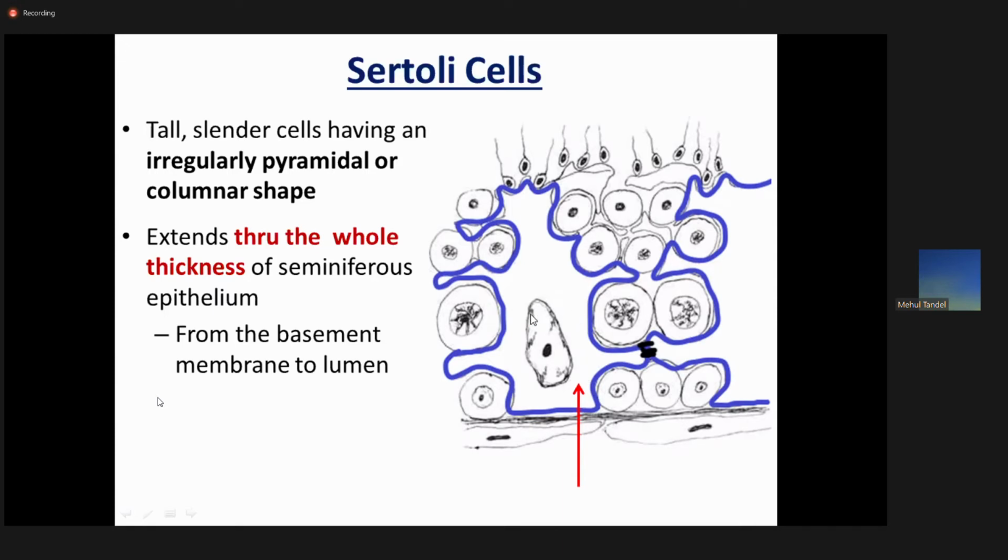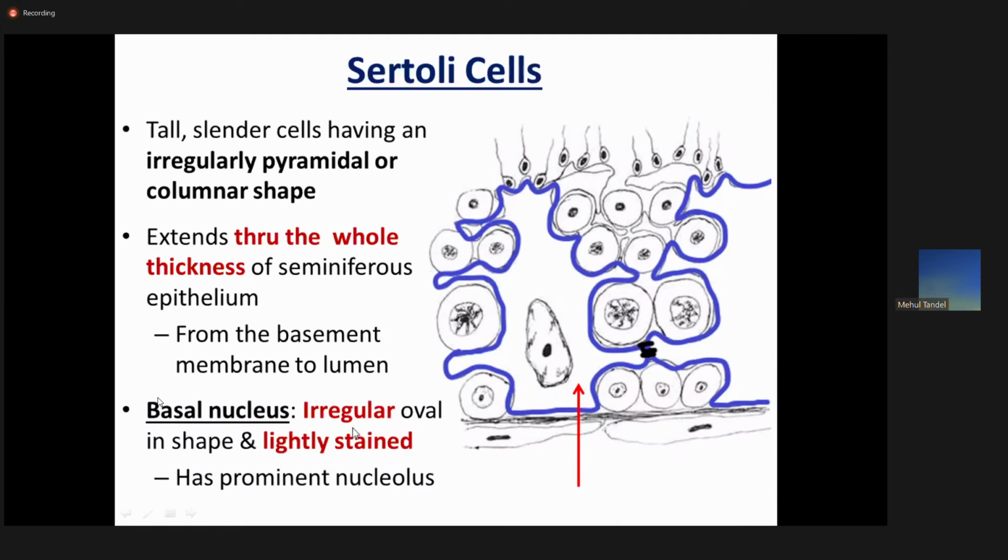See the shape and location of the nuclei. The nucleus is basal, irregularly oval in shape, and prominent, with a clear appearance.